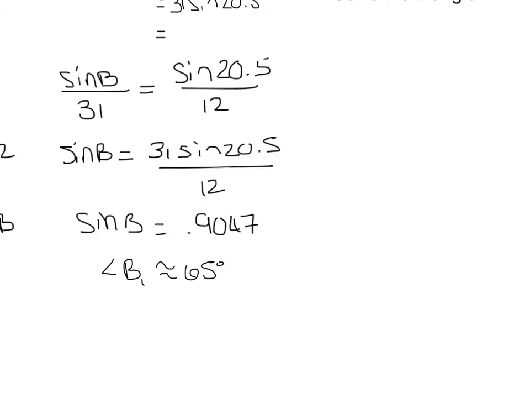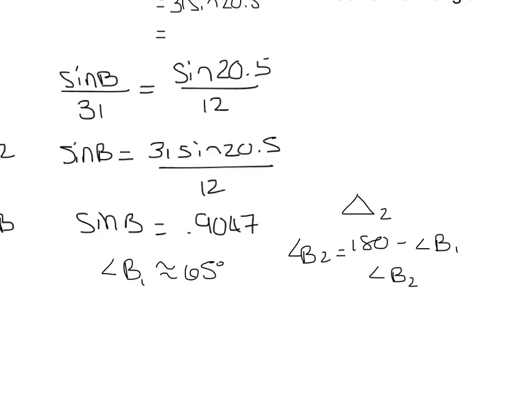Or this could be a reference angle in quadrant 2. So for triangle 2, what we do is 180 minus angle B1, that's going to be angle B2. So I'm going to do 180 minus 65, and I get 115 degrees.